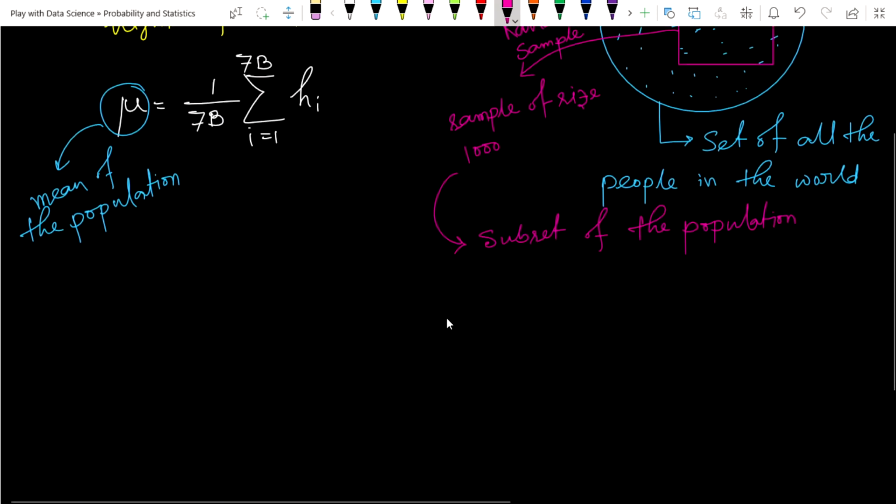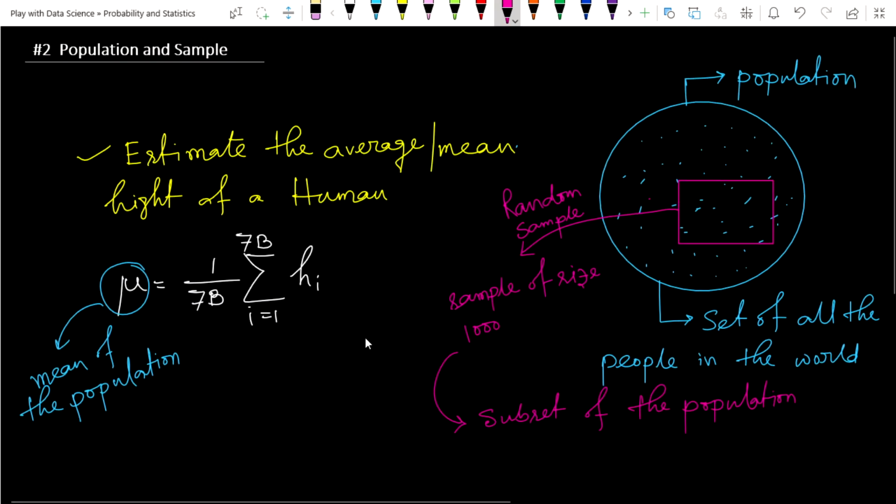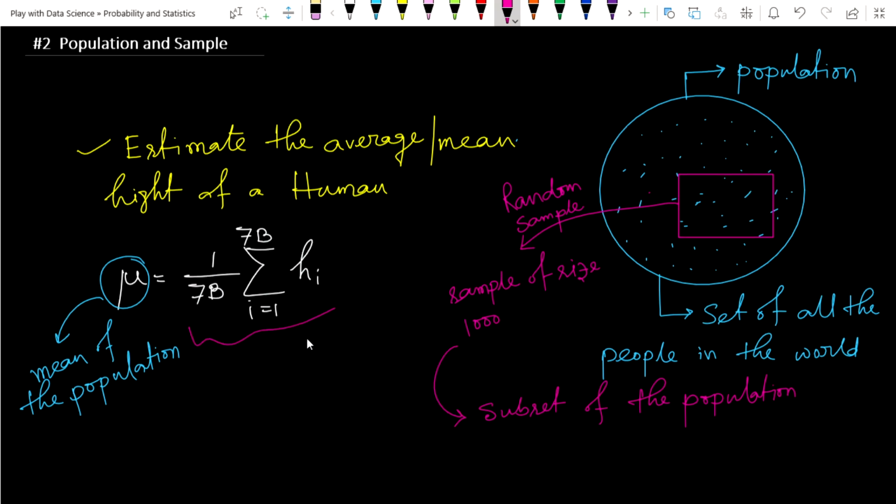We can easily estimate the mean of this sample, and it is not a huge task. But finding the mean of the whole population is a very hard and time-consuming task. It is totally impossible.